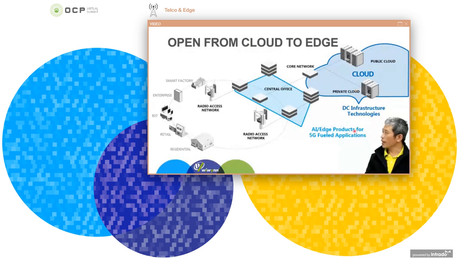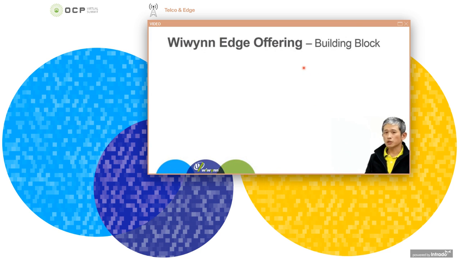So AI edge products for 5G field applications and 5G RAN core products for CSPs are emerging as new stars. Under this circumstance, Wiwynn is preparing our edge offering, which is also building block based.